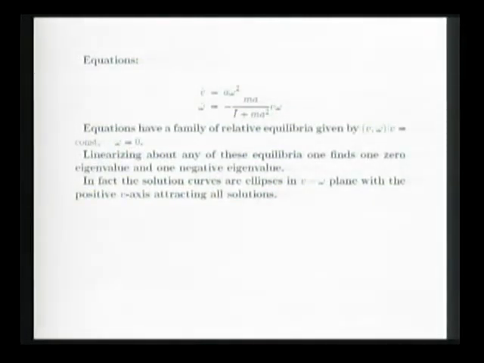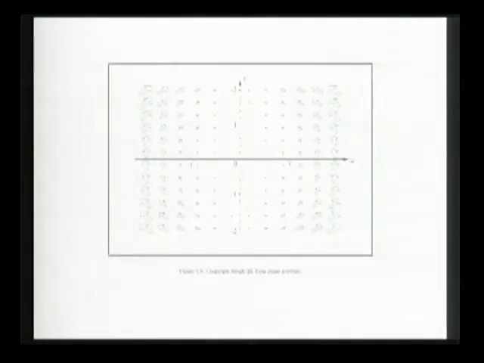In the unstable direction, you get a positive eigenvalue. And basically, the solution curves are ellipses in the v-w plane with a positive v-axis attracting all solutions. So the picture is this thing over here. If you're on the omega axis over here, you get a little motion which takes you from the negative axis onto the positive axis.